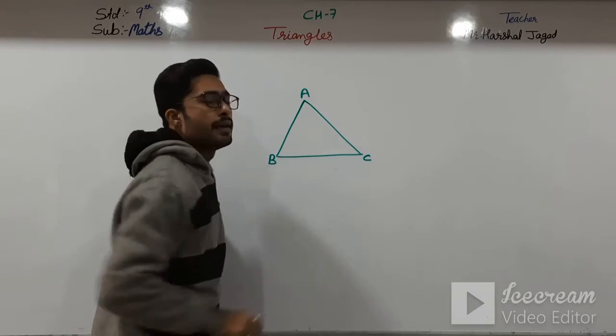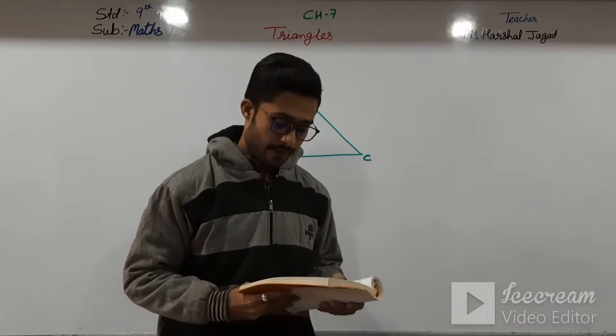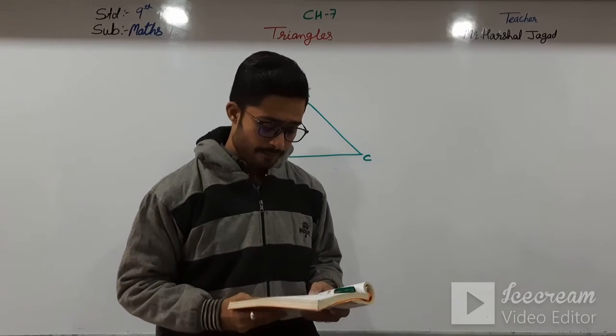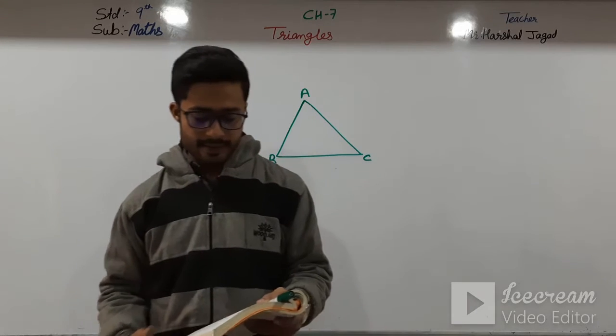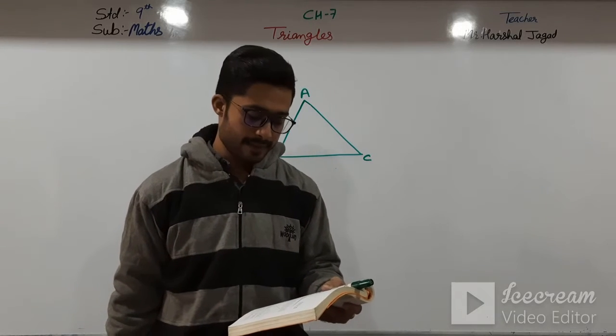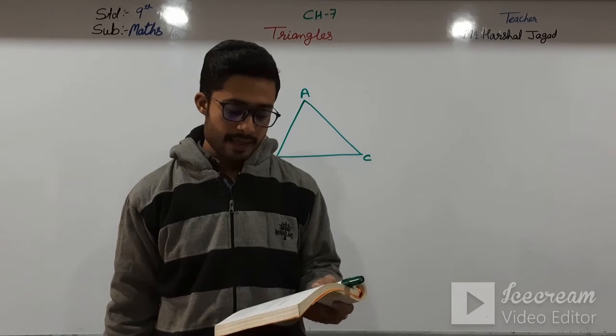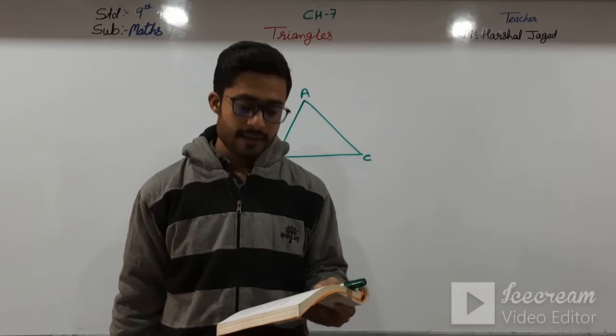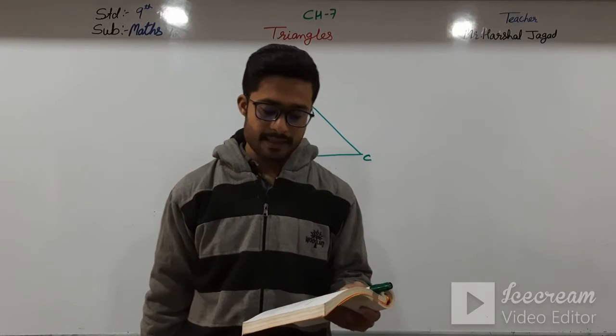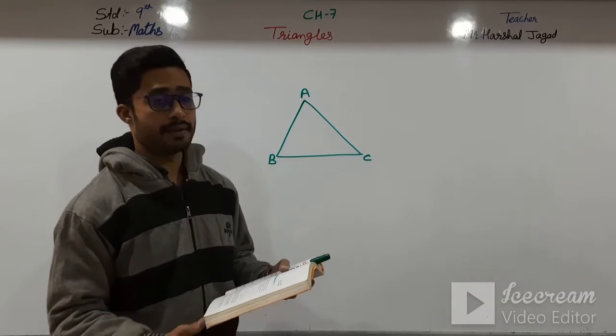For example, in a triangle denoted as triangle ABC, AB, BC, CA are the three sides, the angles A, B, C are the three angles, and A, B, C are the three vertices that we have discussed.